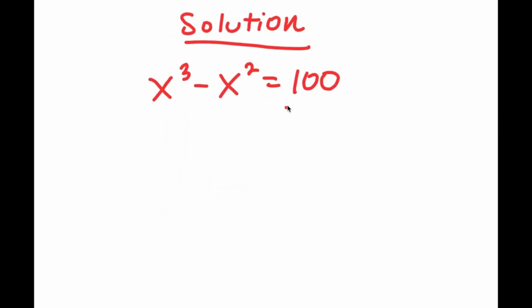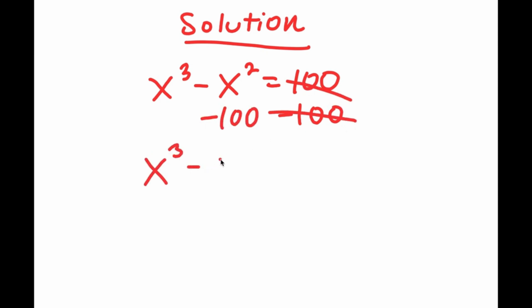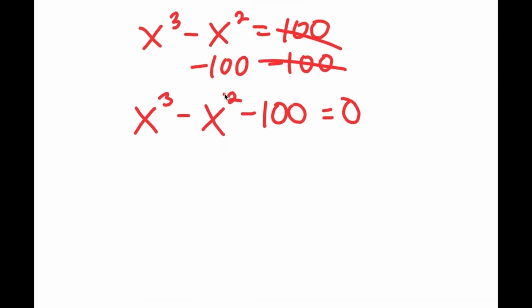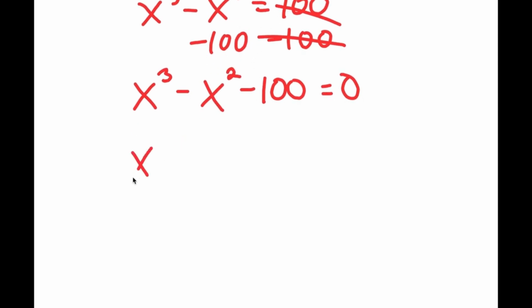And now I'm going to subtract 100 on both sides as my first step. So now I get x to the power of 3 minus x squared minus 100 is equal to 0. From here, I'm going to rewrite negative x squared as negative 5x squared plus 4x squared.